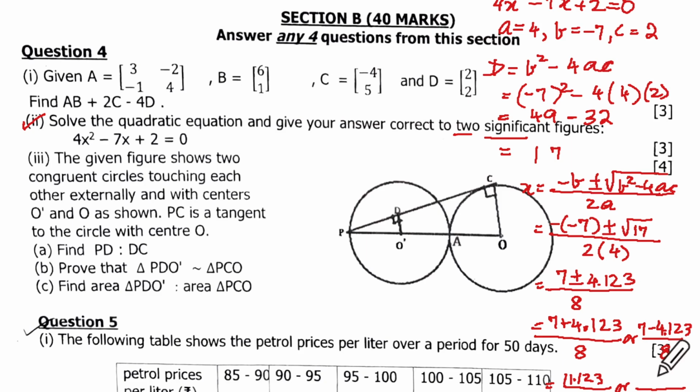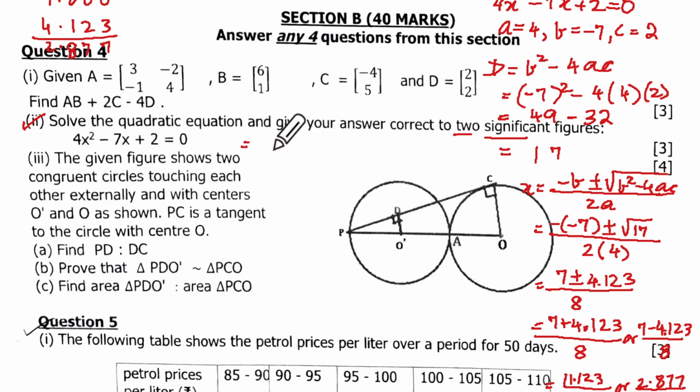Okay. So 7.000 minus 4.123 is 2.877, no? 2.877 divided by 8.